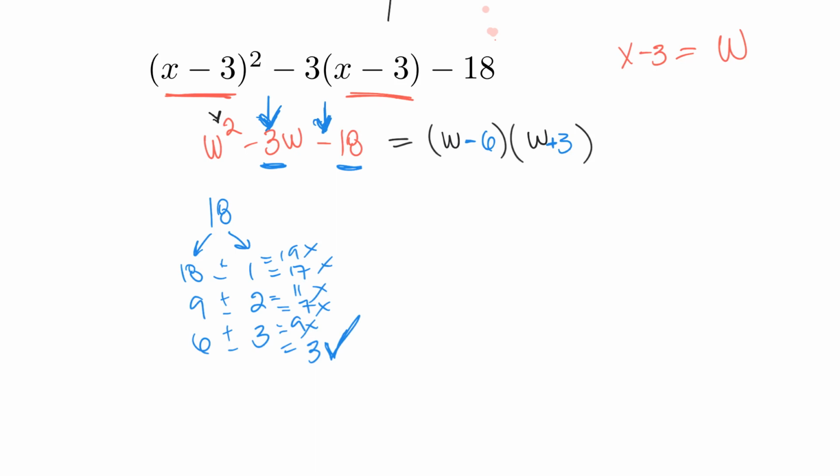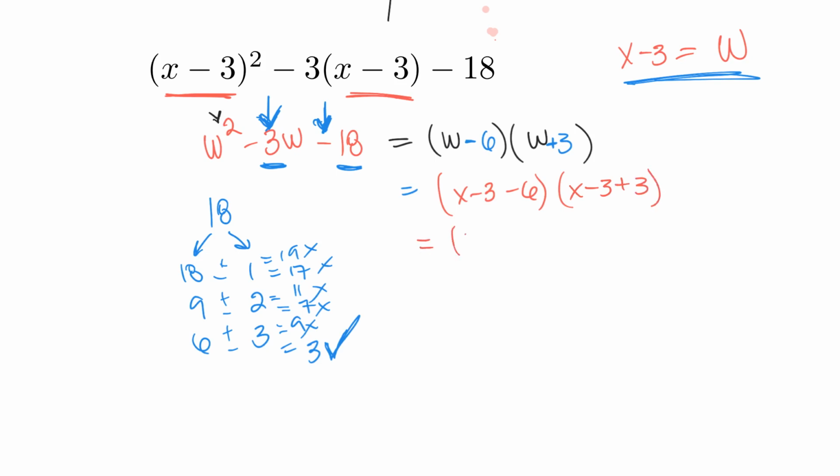Okay, so now that we have our factorization, we return our substitution. Wherever we see W, now we write x minus 3. So we have x minus 3 minus 6, then x minus 3 plus 3. And we put it prettier.